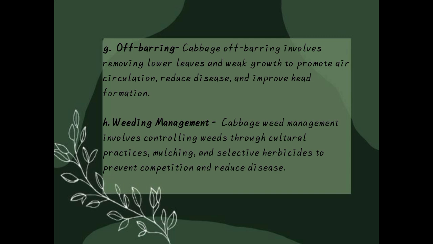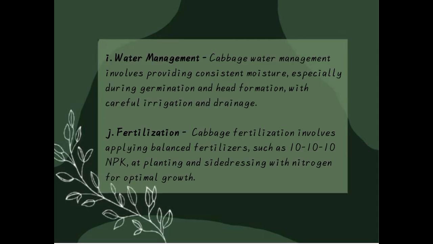Next is the weeding management. Cabbage weeding management involves controlling weeds through cultural practices, mulching, and selective herbicides to prevent competition and reduce disease. Next is the water management.